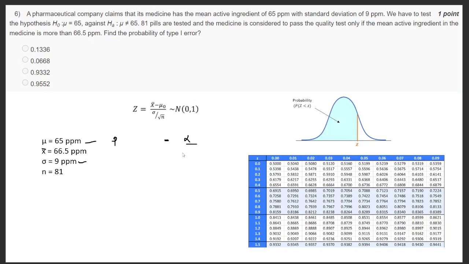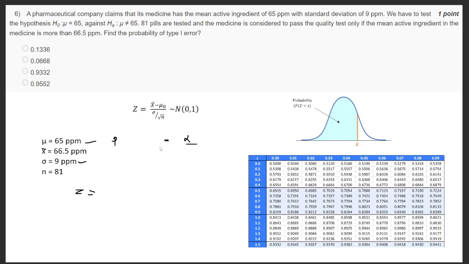To find that, we know the probability of z greater than or equal to x bar minus mu naught by sigma divided by root n is equal to alpha. So we can find the probability of the standard normal variate that can give us this significance level. How to find this? First you substitute these values and find the standard normal variate value.